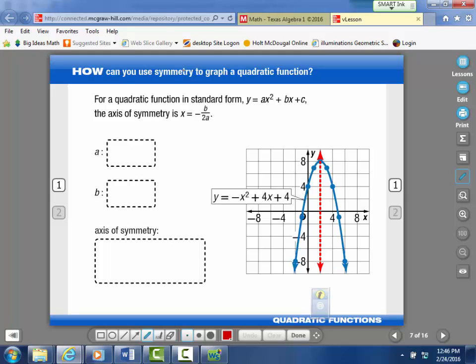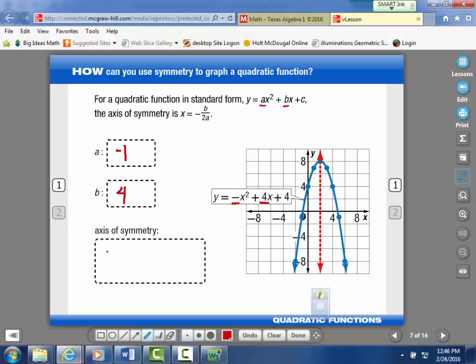Okay, so how can you use symmetry to graph a quadratic function? Well, we have this nice little formula that says the axis of symmetry is going to be at x equals the opposite of b over 2a. In our equation, the a and the b are the coefficients in front of x squared and x, so we see that a is -1 and b is 4.